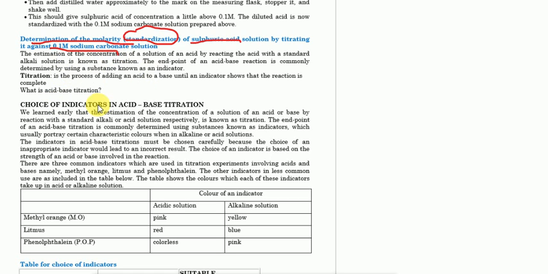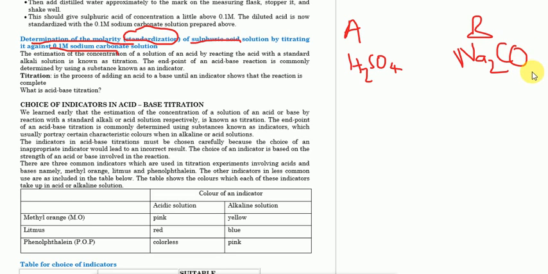So one thing you need to know here is that when we have two solutions, we have the acid, let's call it A, and we have the base, let's call it B. So for our case, our acid is sulfuric acid, H2SO4, and for our case our base is sodium carbonate, that is Na2CO3.